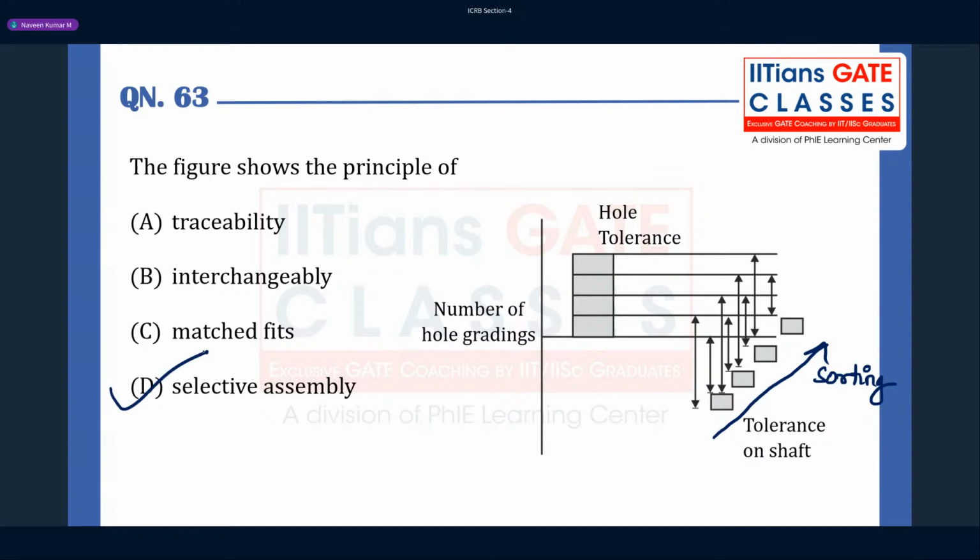So that is the answer. Sorting is very important. That's the reason this figure shows the principle of selective assembly. Hope I made things clear. Still, if you have any doubt, please do comment in the comment box. We'll be able to answer it.